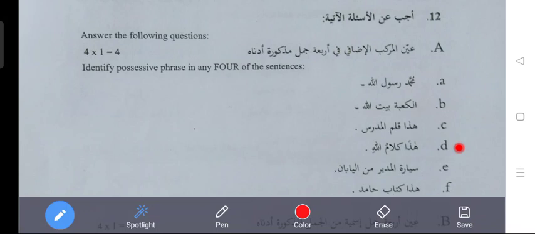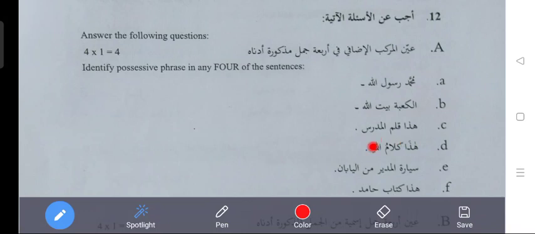Now come to D. Hada Kalamullahi. This is the statement of Allah, the word of Allah. Hada is a demonstrative pronoun, we will leave it, and Kalam is a noun, Allah is also a noun.